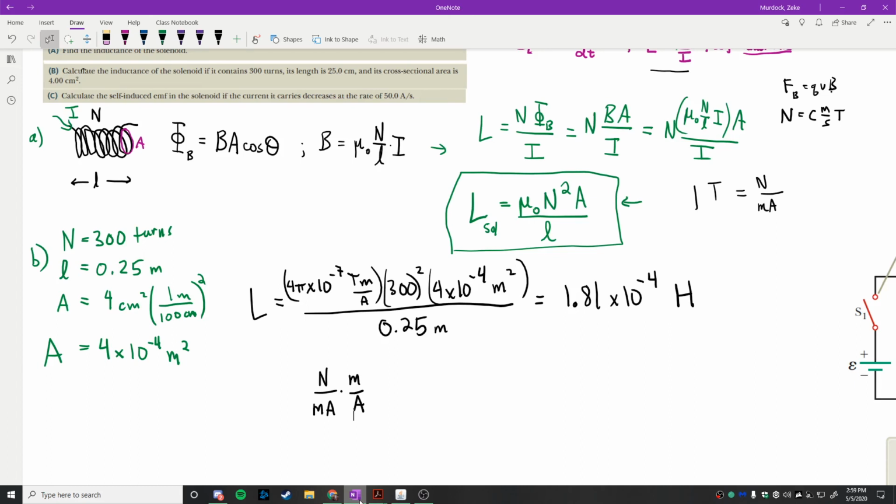Alright. So then this is multiplied by meters squared divided by meters. So this whole thing ends up being, several of the meters cancel. We get something like Newton times meter divided by amp, right? Which is, the numerator is joules.